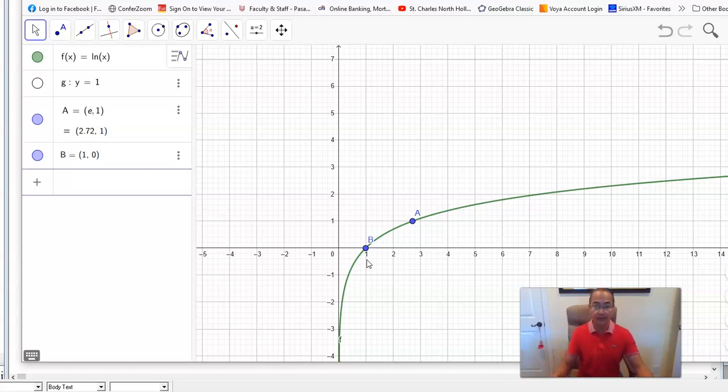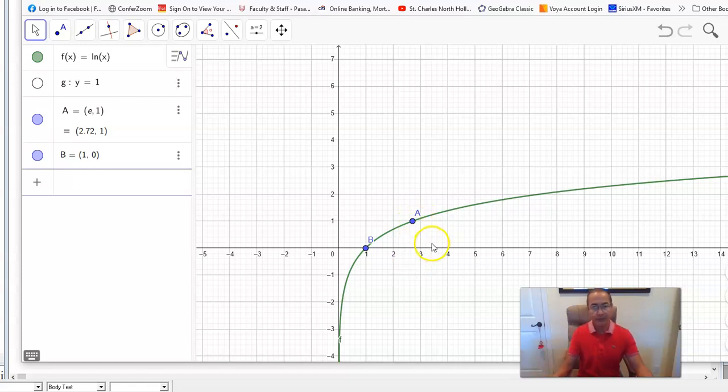But since x is allowed only to be a positive number, 1 over x is also positive. So therefore, as we can see with our own two eyes, ln of x is an increasing function. So it's going to be injective, 1 to 1. If you intersect any horizontal line with the graph, you will only get one point of intersection. And we saw that earlier with y equals 1. We got the special number e.